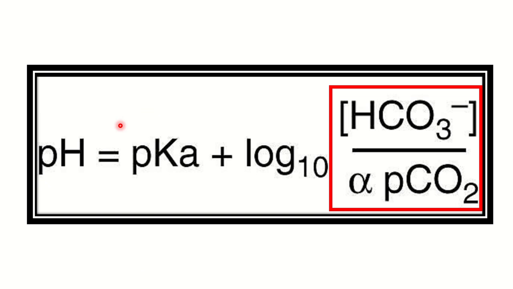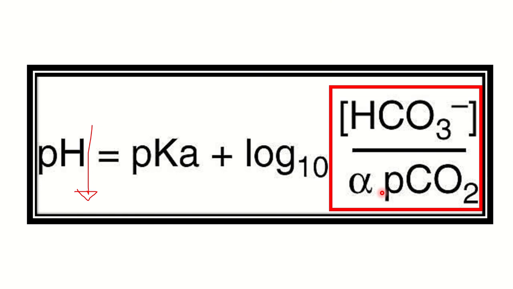In case of all kinds of ABG report, this equation is final: pH is related to the bicarbonate and the partial pressure of carbon dioxide. The bicarbonate level is directly proportional to pH, and the partial pressure of carbon dioxide is inversely proportional to the pH. In case of respiratory acidosis, that means when the pH is reduced. Another important point: in case of a respiratory cause, the partial pressure of carbon dioxide is directly related.